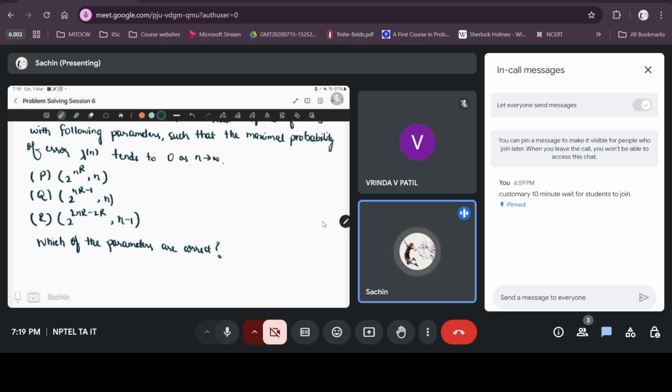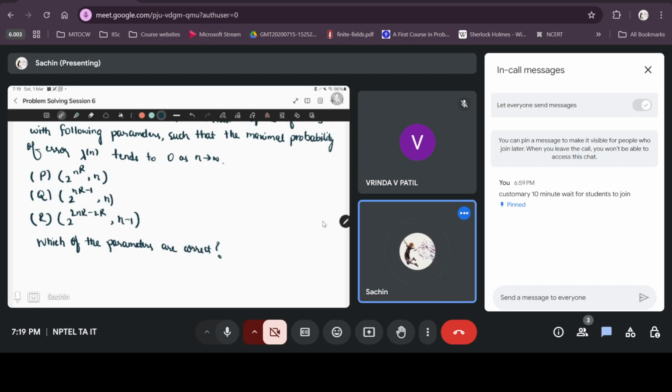So what the question is asking is, they've given you one fact, that R is achievable. That means the capacity must be greater than R, otherwise R wouldn't be achievable. Then they're telling you that you have three different codes with different parameters.